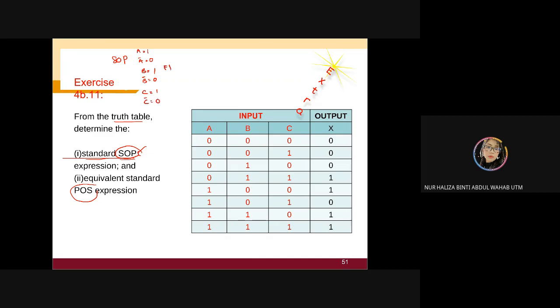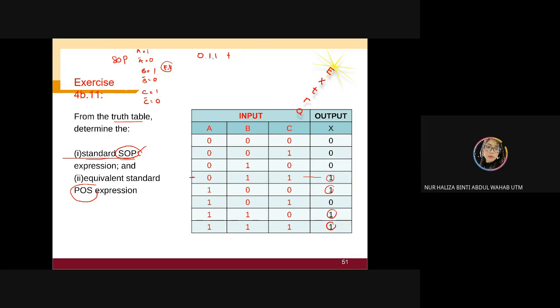My F will be 1. So I look at the rows where F is 1. Here, my first row is 0, 1, 1. And I remember my SOP is multiply, then adding.